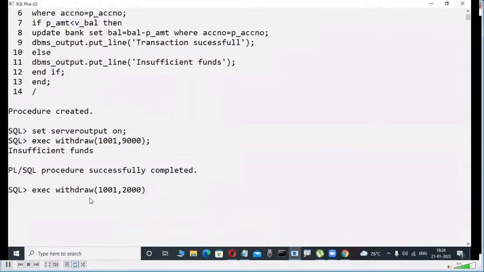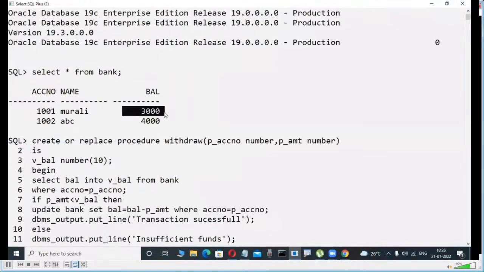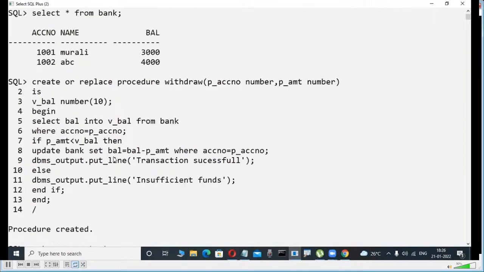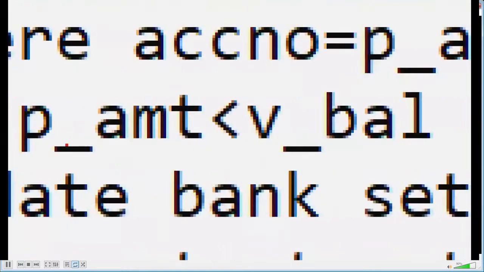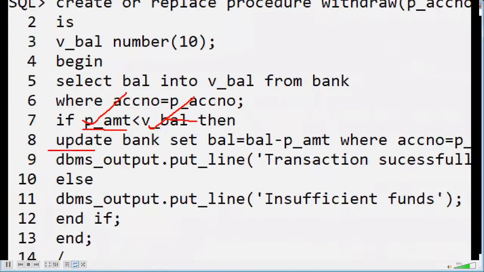Possible? Possible. Why? Because my balance is 3,000, but I try to withdraw only 2,000, which is possible. So now, whenever your passed amount of 2,000 is less than the available balance, in this case 3,000, I am updating the bank table.